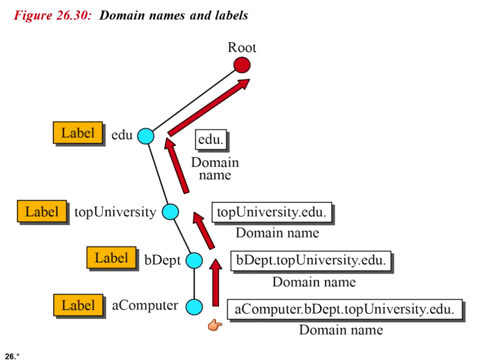So a full domain name is a sequence of labels, and these labels are separated by dots. These are the individual labels: edu, top university, b department, a computer. So we will start from the bottom and go up to the root.